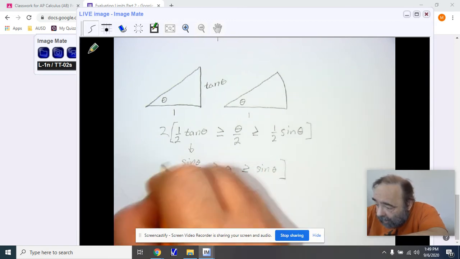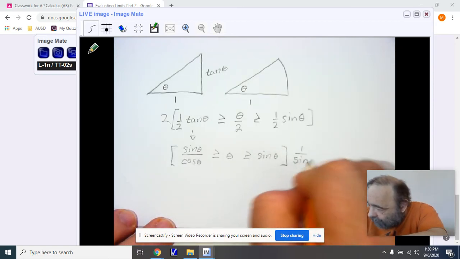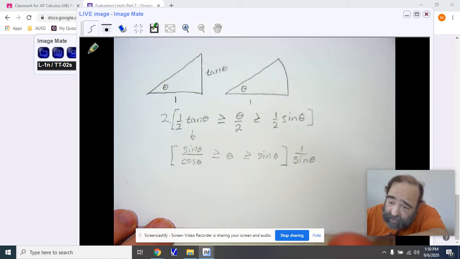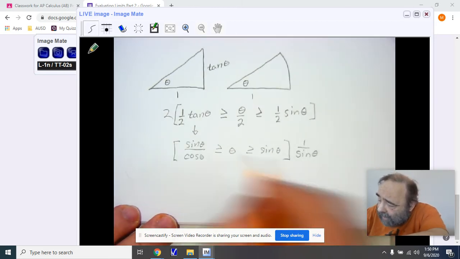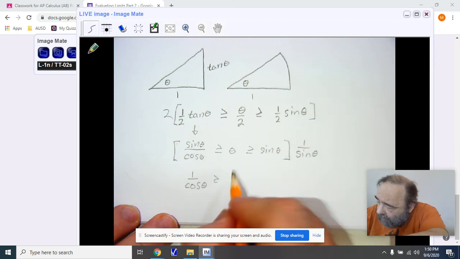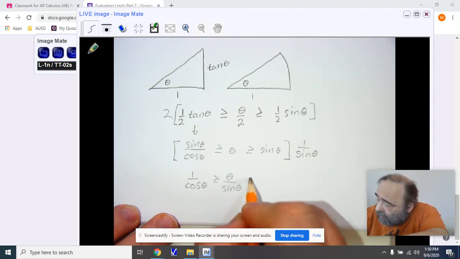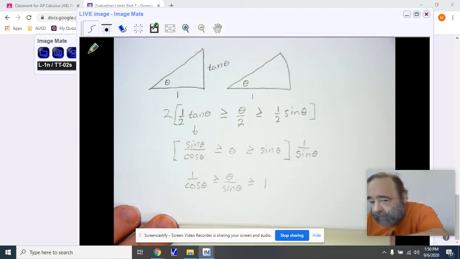I'm now going to multiply by 1 over the sine of theta, just manipulating the algebra to clean this up. I get 1 over cosine of theta is greater than or equal to theta divided by the sine of theta, which is greater than or equal to 1.